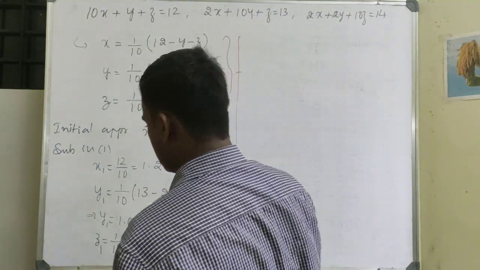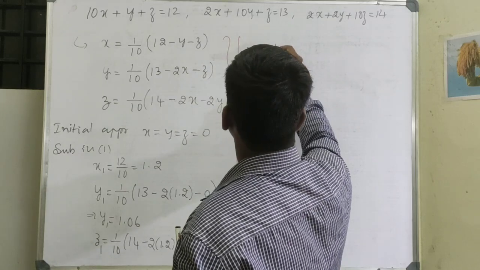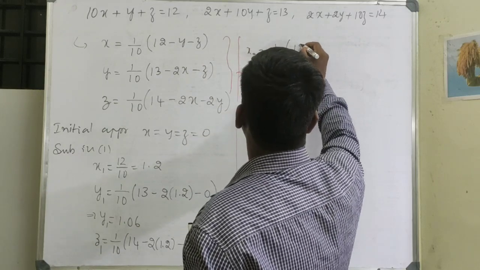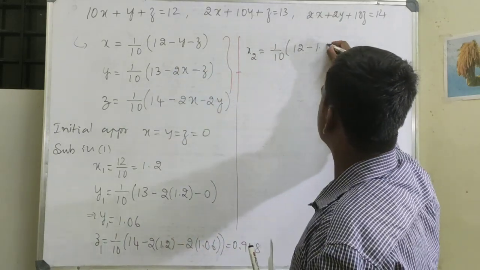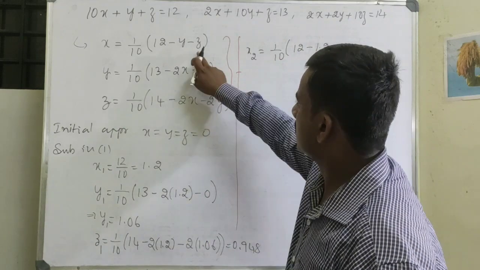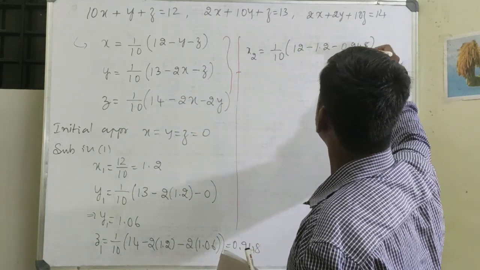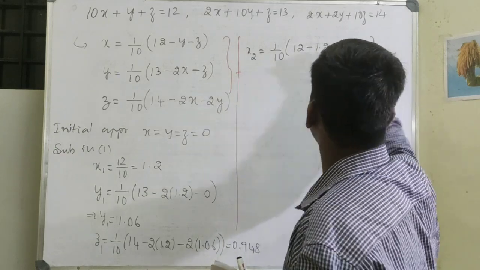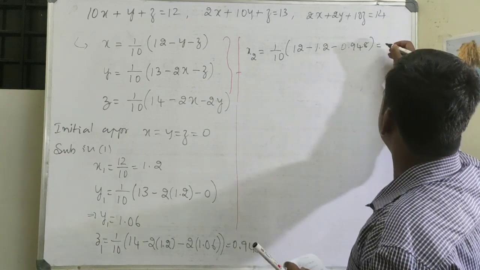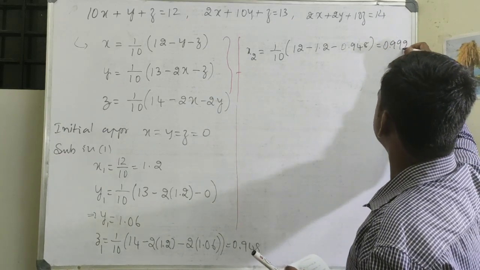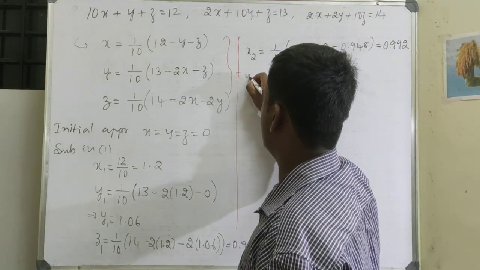So to find the second approximations, I have x2 equal to 1 by 10, 12 minus y1 value, which is 1.2, minus z value, which is 0.948. So there you get the x2 value 0.992. Next x3, y2.